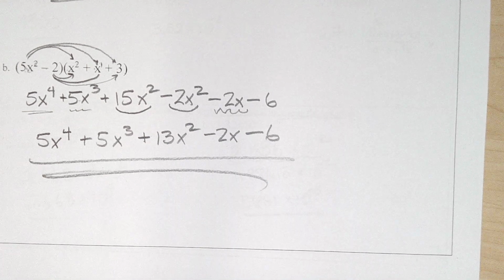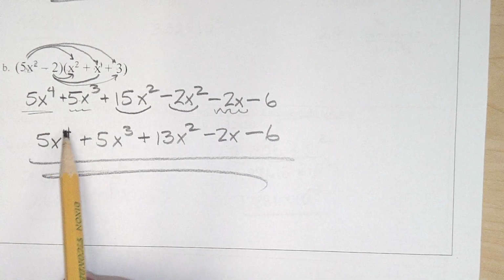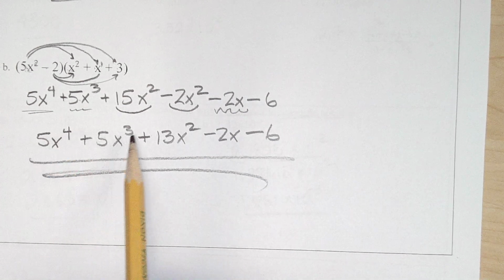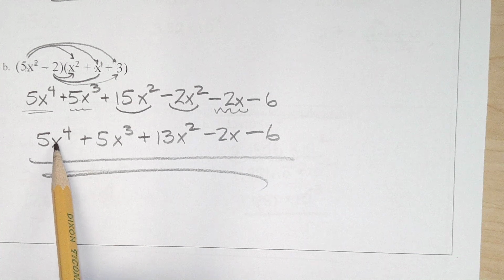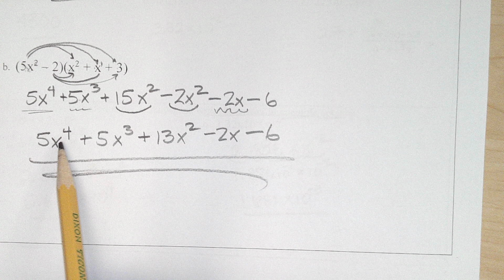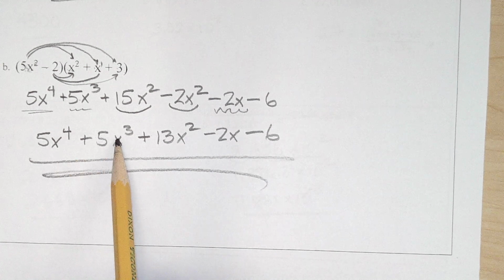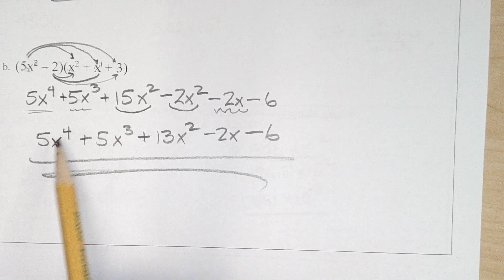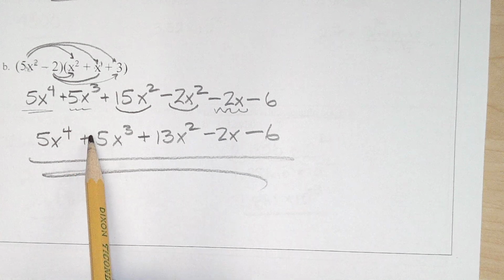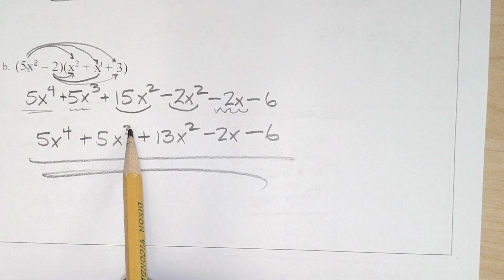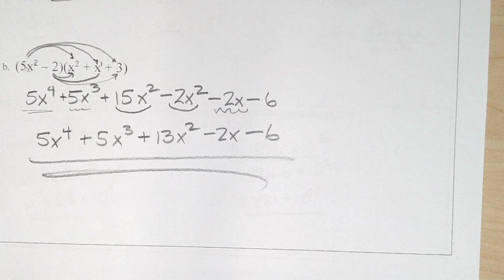None of those can be combined, because x to the 4th is a different number than x to the 3rd. Think again, if x was 10, 10 times 10 4 times is 10,000, where 10 3 times is only 1,000. 5 10,000s plus 5 1,000s can't be added together unless you know for sure what x is.